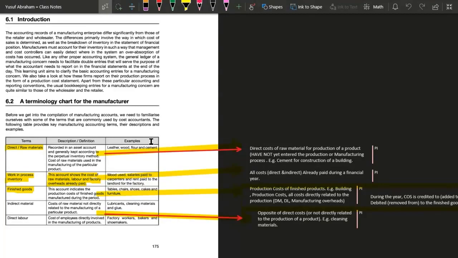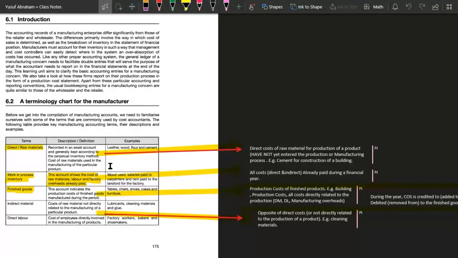In terms of terminology, like I said, you've been dealing with these terms from the very beginning: direct, or raw materials. You know raw materials. And why do we call it direct, right? It is because we are able to trace that into the actual final product. So you have examples of leather, wood, flour, and cement.